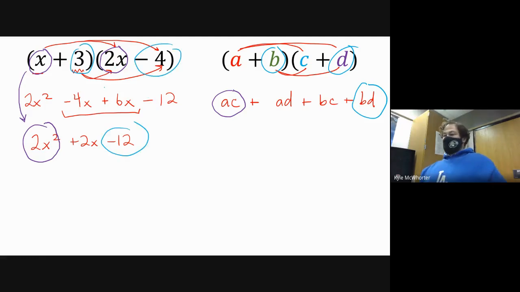So that's something we can always remember when we're factoring. The first term times the first term has to be the first term of the trinomial, and the last times the last gives you the last term of the trinomial. When you multiply the middles and the outsides, those add up to become your middle term. Okay, so that's the pattern I want you to remember.